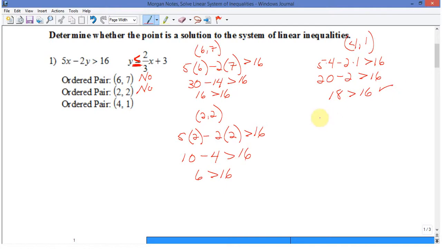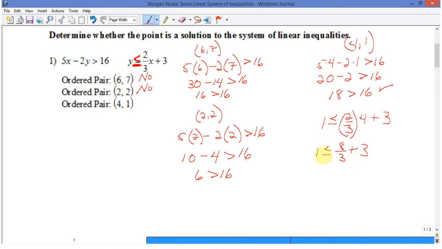Let's substitute it into the second equation. So I have y is less than or equal to 2/3 x plus 3, so the y value is 1, is less than or equal to 2/3 times an x value of 4 plus 3. 1 is less than or equal to 8/3 plus 3.